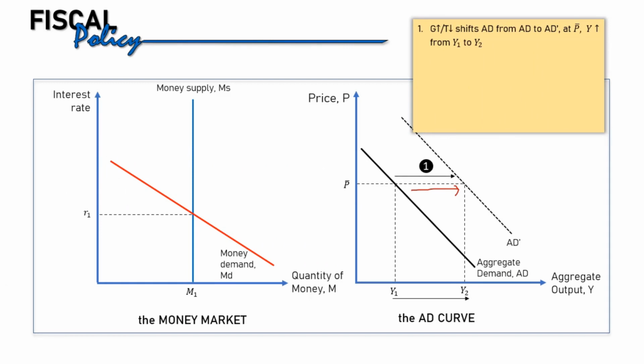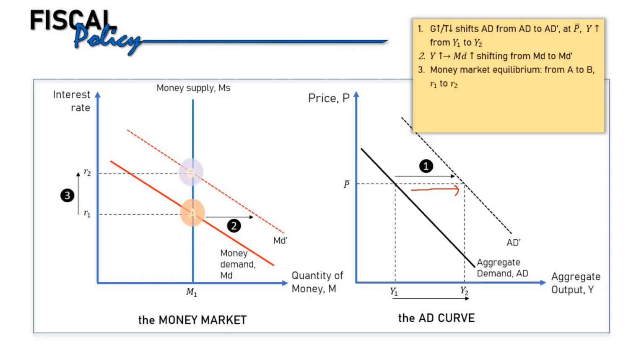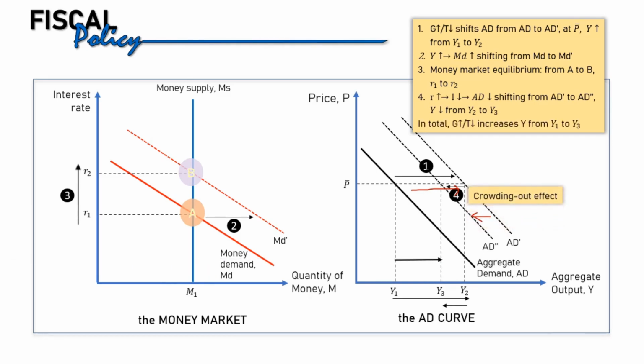When Y increases, it impacts the money market actually. With more income, money demand will be higher, and the money demand curve as a consequence shifts to the right from MD to MD prime, leading to a higher equilibrium level of interest rate at point B. And then returning to the AD curve, AD will then shift to the left because higher interest rate will reduce I, then the AD, and eventually the Y. So Y decreases from Y2 to Y3, and the process is what we call the crowding out effect.